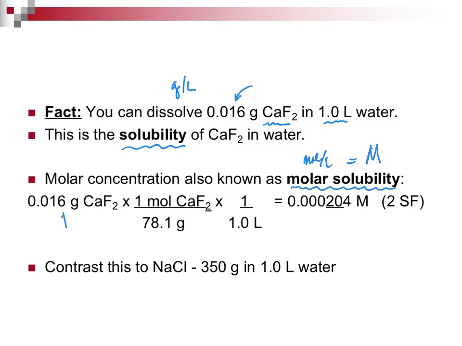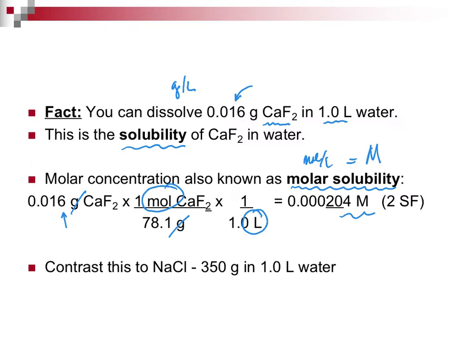So we have 16 milligrams of calcium fluoride. We know its molecular weight, so we get rid of the grams, and here we have the number of moles, here we have the number of liters. There is our molar solubility.